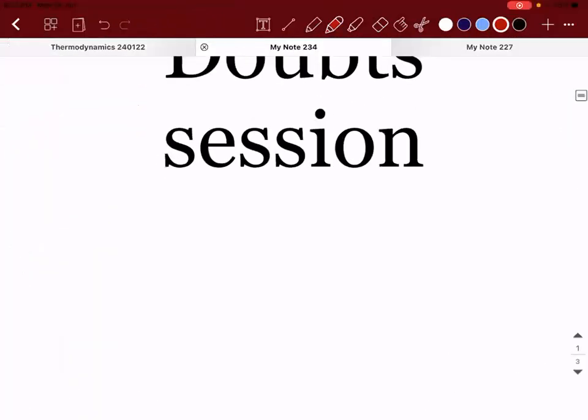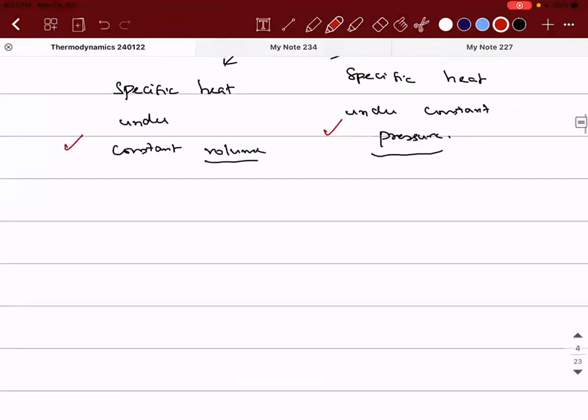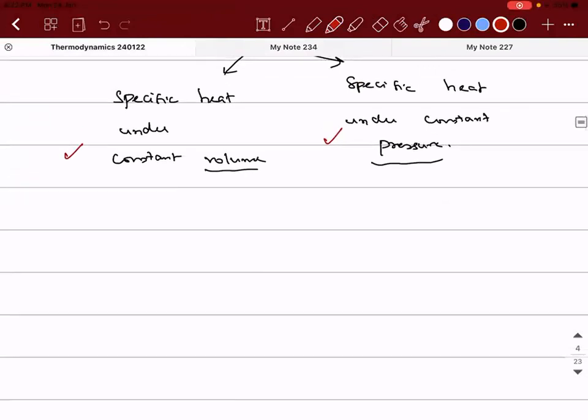Let's try to understand the definition of specific heat under constant volume. It's very simple.